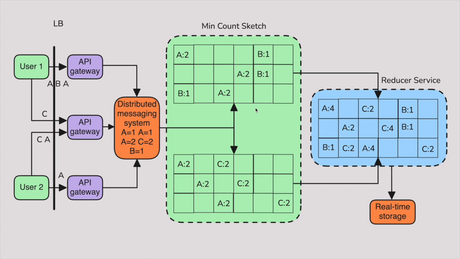So if we want to, for instance, get the value of event A, we're going to look at three different rows, one for every hash function, and get the minimum value of that event. This way, if a specific cell had a conflict with another event and has a bigger value, that value is going to be ignored and the minimum value of that specific event will be returned to the client. This is a simple overview of how count-min sketch works.